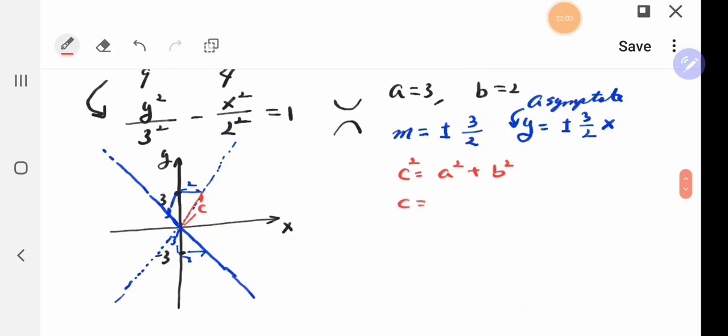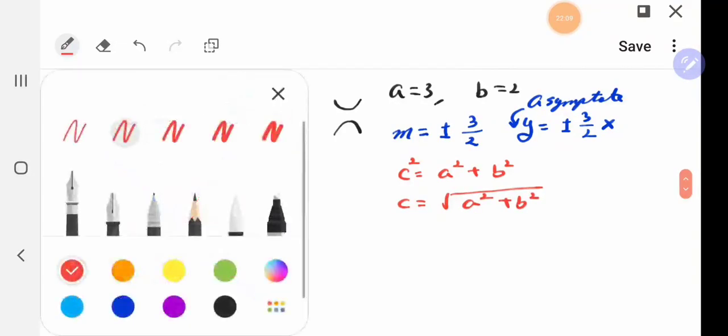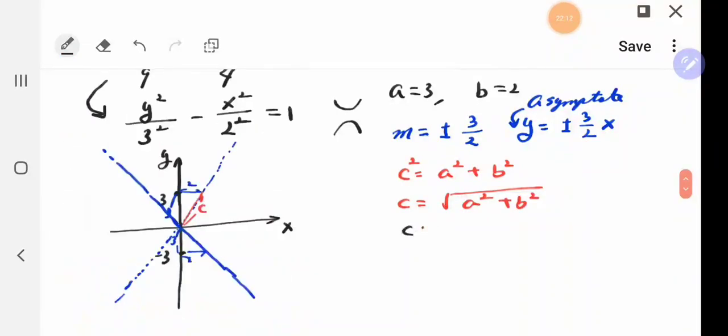So C will be the square root of a squared plus b squared. We know A is 3, B is 2, so C equals the square root of 9 plus 4, so C equals square root of 13.